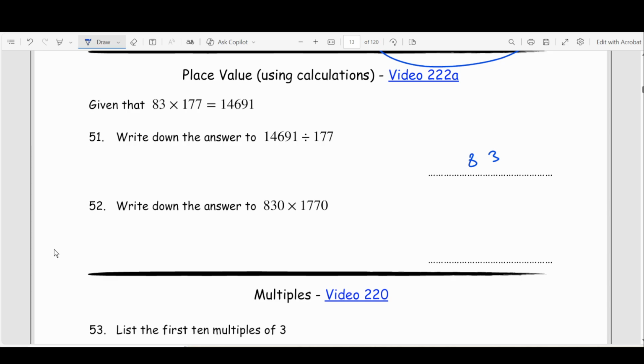Second one is 14,691. This only, but there are two extra zeros. You can see after 83 and 177, we don't have any zeros, right? But here we have zeros. So when you are multiplying, you need to add these extra zeros. Yes, two zeros. There would be two zeros after your answer, right?